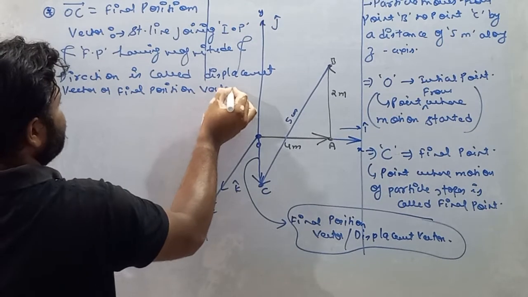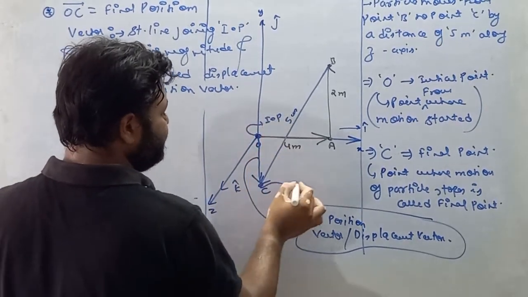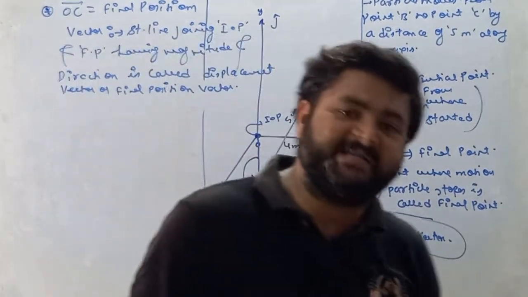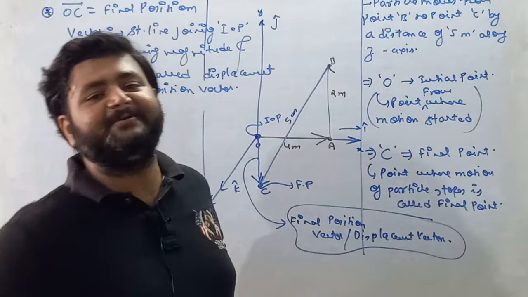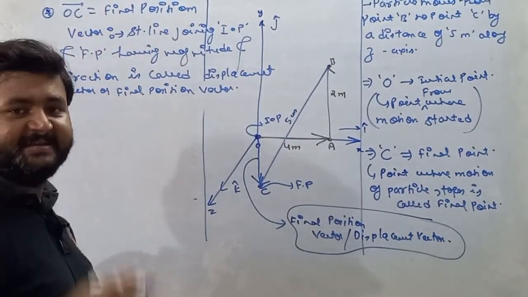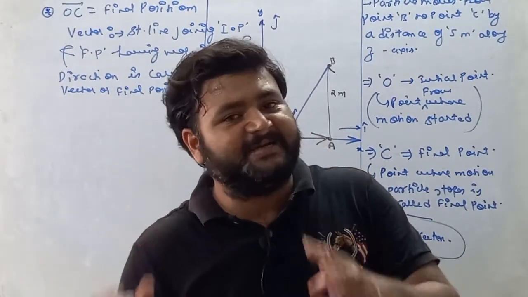So remember this thing beta, this is your initial point and this is your final point. So the straight line joining initial point and final point having magnitude as well as direction is called final position vector, and final position vector is also called displacement vector.